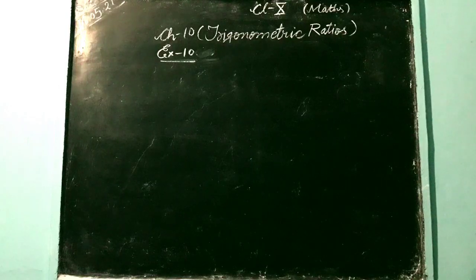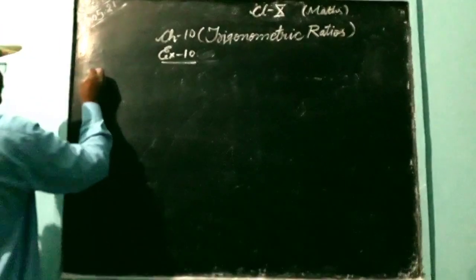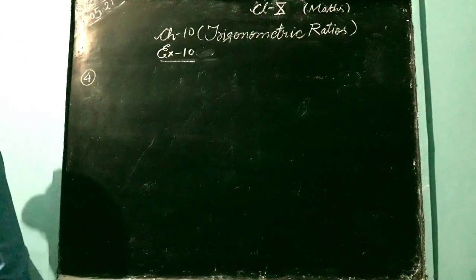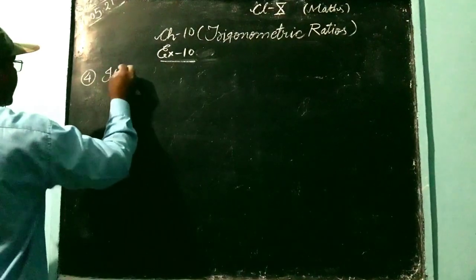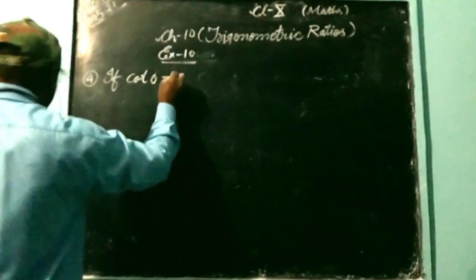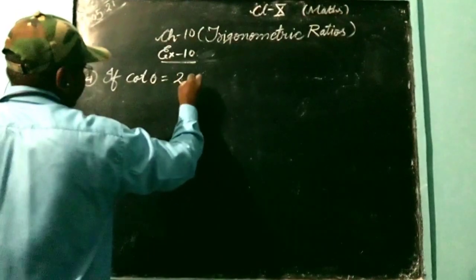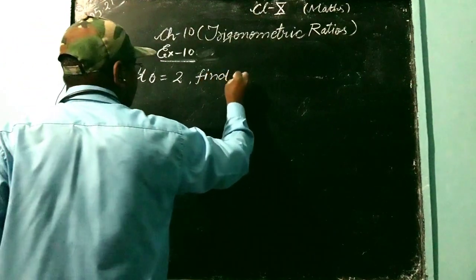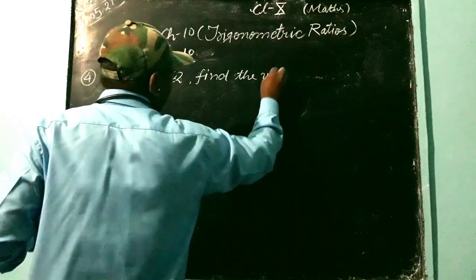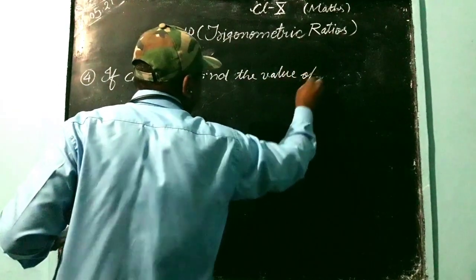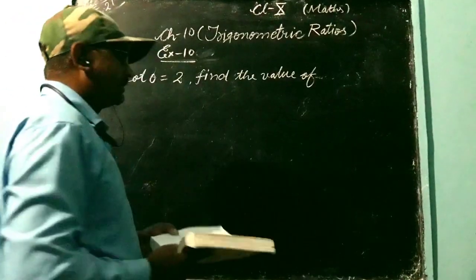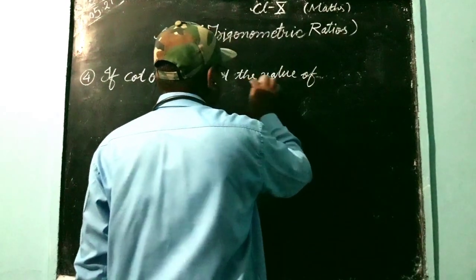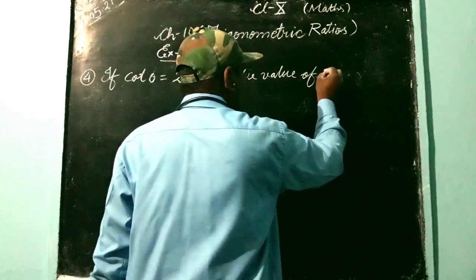In question number 4, if cot theta is equal to 2 is given, then find the value of all the other T ratios of theta.